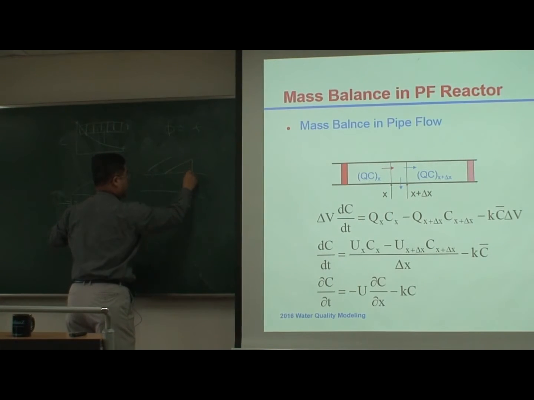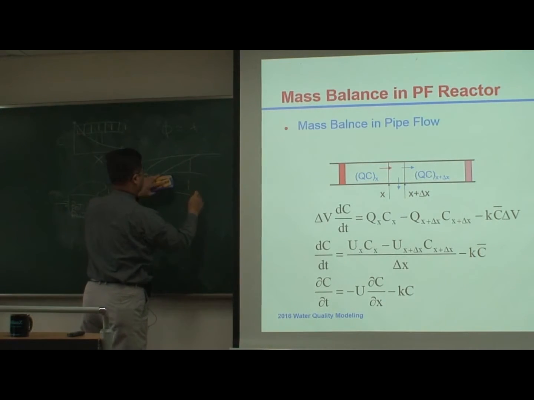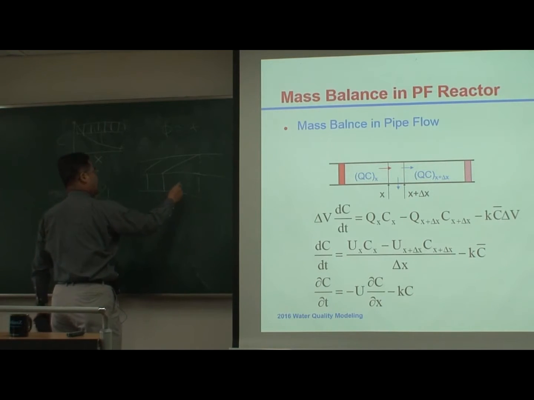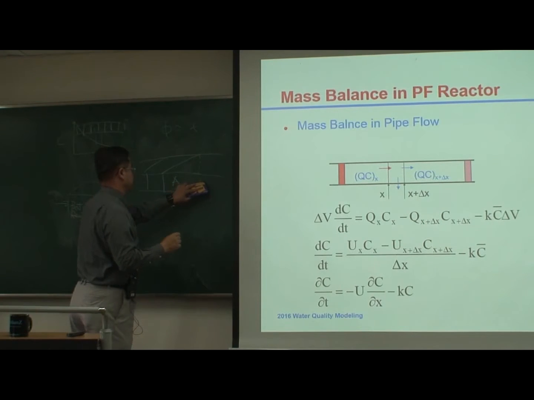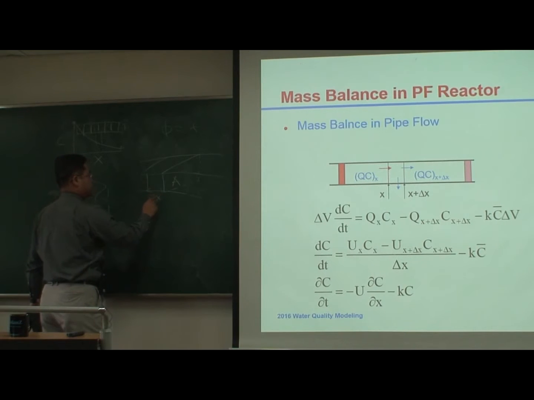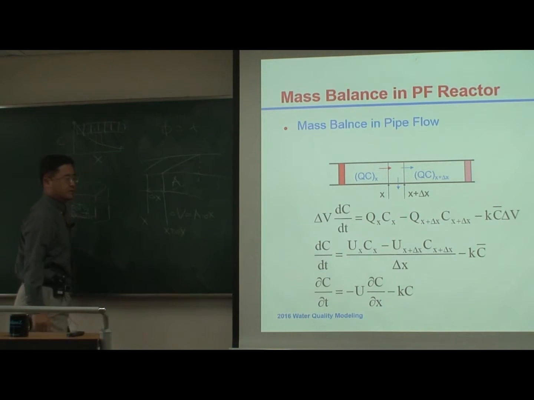My river is going to be like this, and I have A here. I have a delta X. This is X, this is X plus delta X. So my volume in here, delta V, is A times delta X, right?